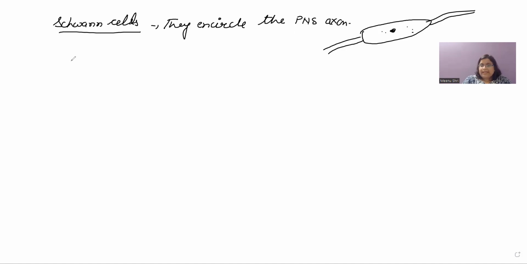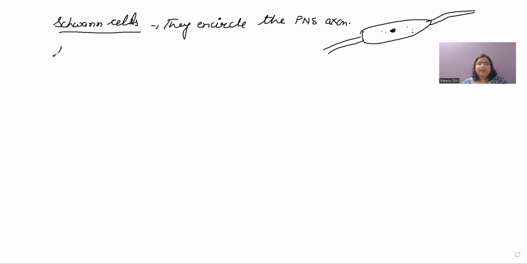Like oligodendrocytes, they form the myelin sheath around the axons present in the peripheral nervous system. In the central nervous system, the axon's myelin sheath is secreted by the oligodendrocyte cells, whereas for the axons present in the PNS, the myelin sheath is secreted by Schwann cells.